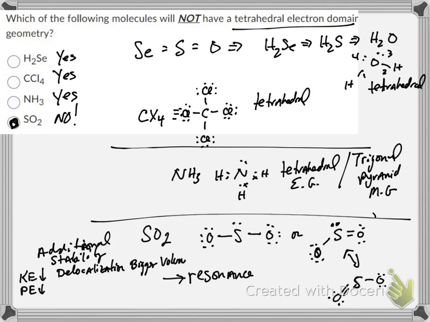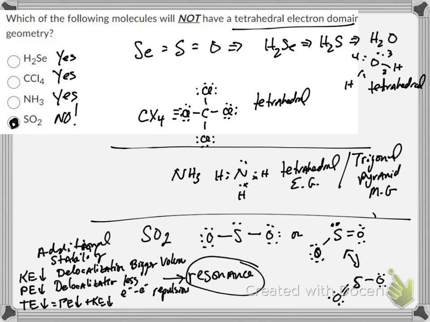Potential energy goes down because delocalization leads to less electron repulsions, and total energy goes down because potential energy plus kinetic energy went down. So that's the story behind all bonding, but for resonance, because it's extended over a larger volume, it has an additional contribution. That would be our energy argument for resonance.